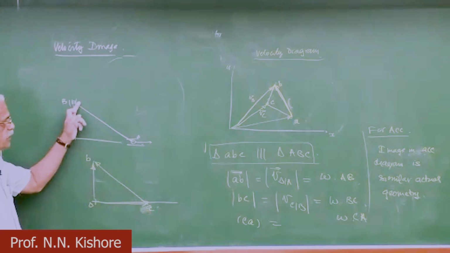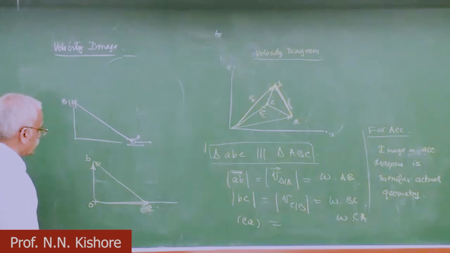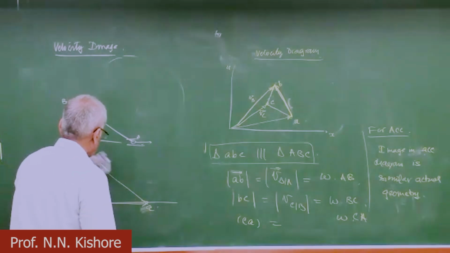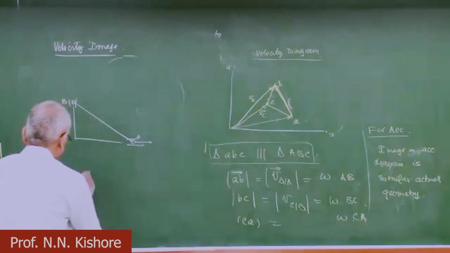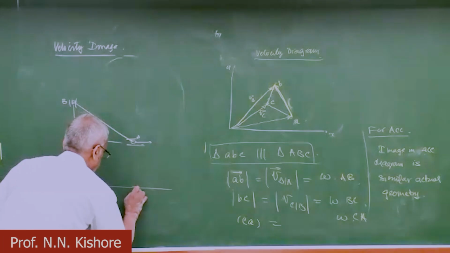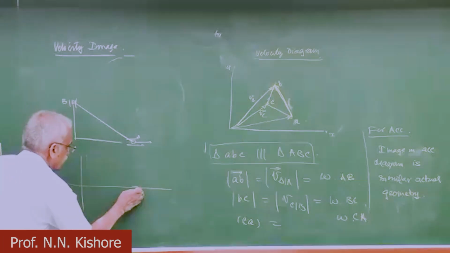So ab is an image of this one, right? Sorry, ab is not like this. So VA, and here this is down.